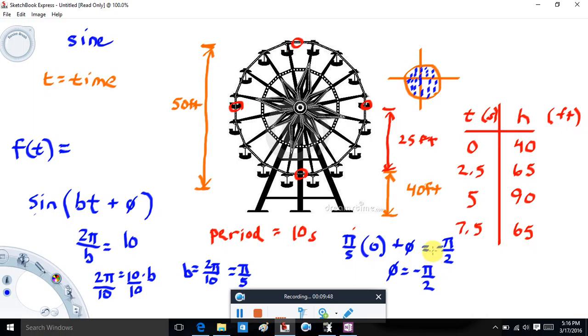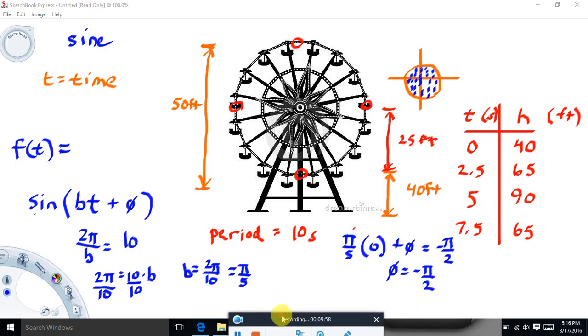Okay, so now we have everything we need to figure out the height. So let's try to write it up here.